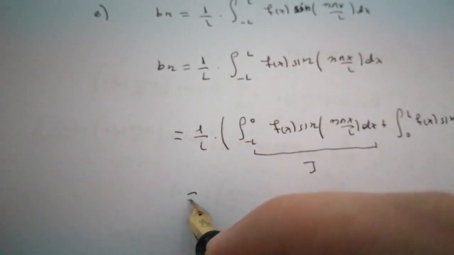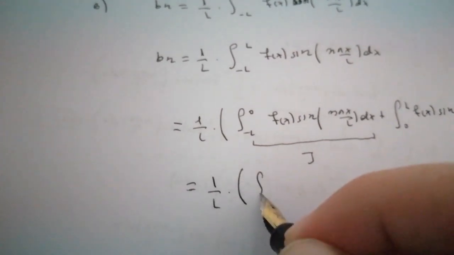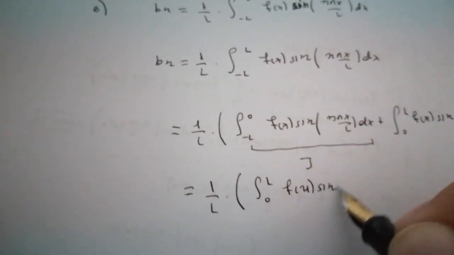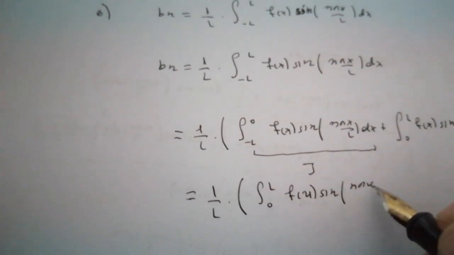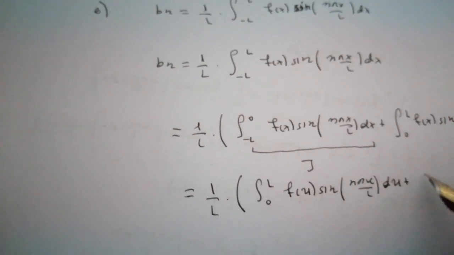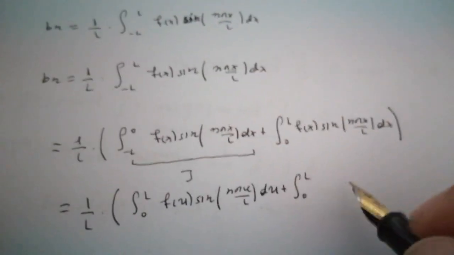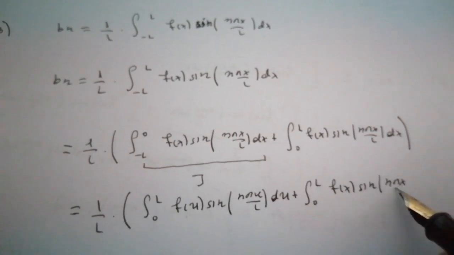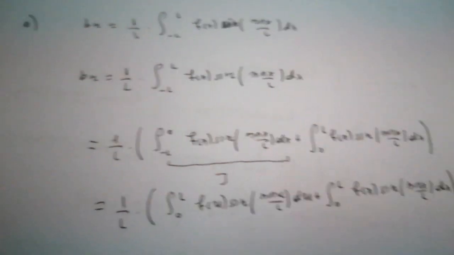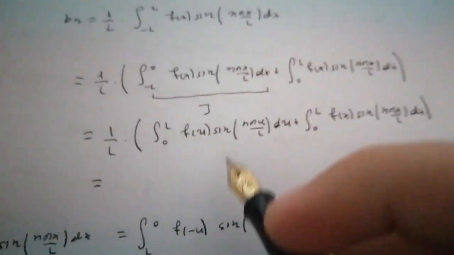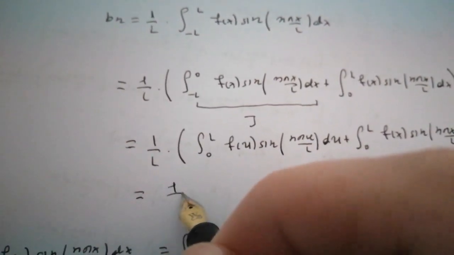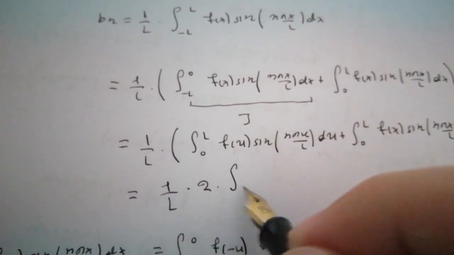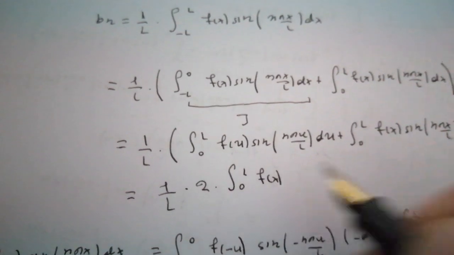So back here, we obtain that, and of course this is 1 over L times 2 times the integral from 0 to L f of x.